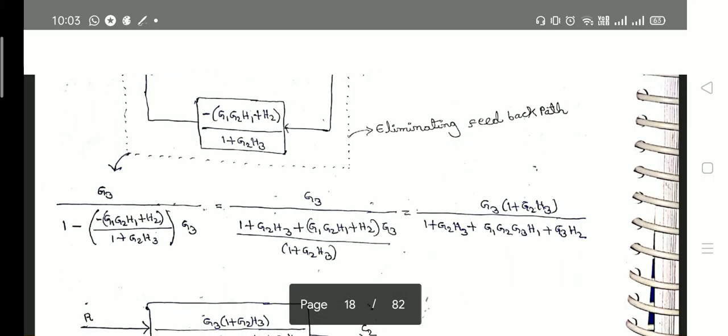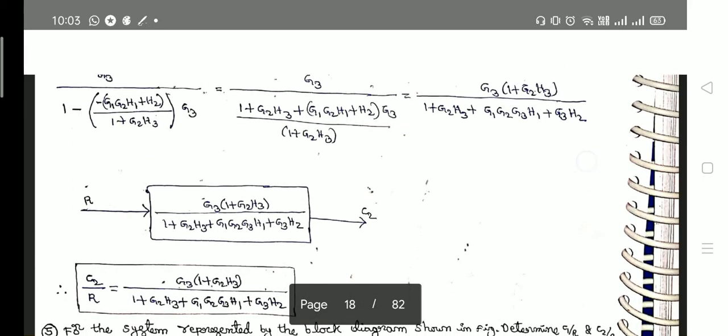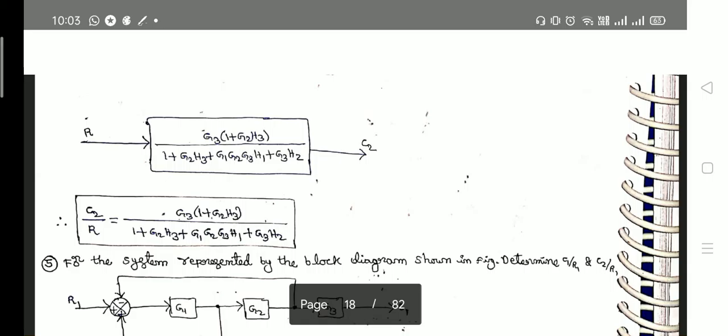Finally the transfer function is G3 by 1 plus G2 H3 by 1 plus G2 H3 plus G1 G2 G3 H1 plus G3 H2. This is the final transfer function of the second case, C2 by R. C2 by R is equal to G3 into 1 plus G2 H3 by 1 plus G2 H3 plus G1 G2 G3 H1 plus G3 H2.